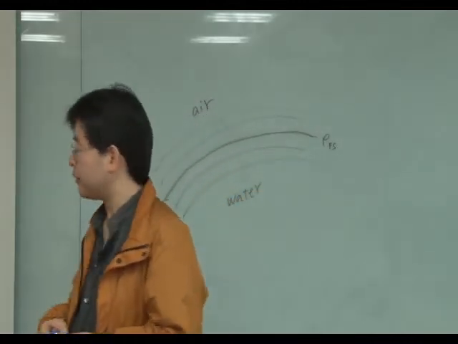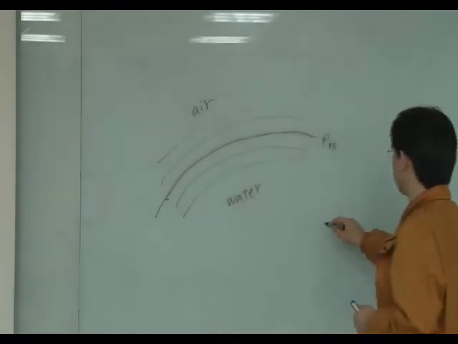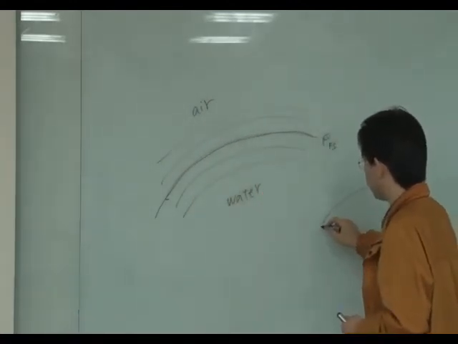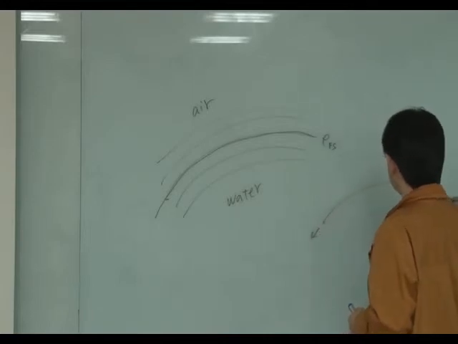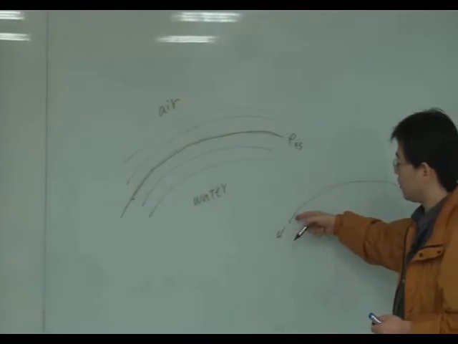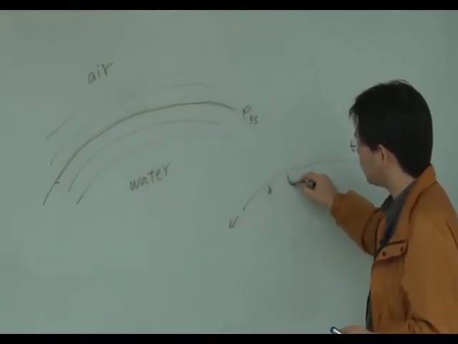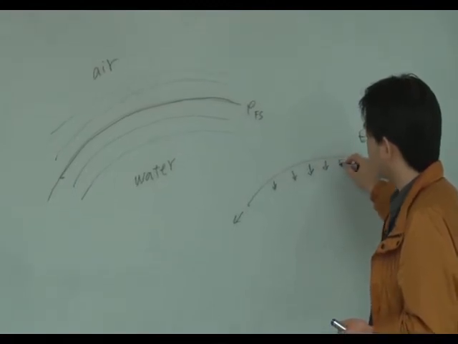To calculate the free surface tension, free surface tension is like this. If there is curvature, the tension of the surface provides a push in this direction.